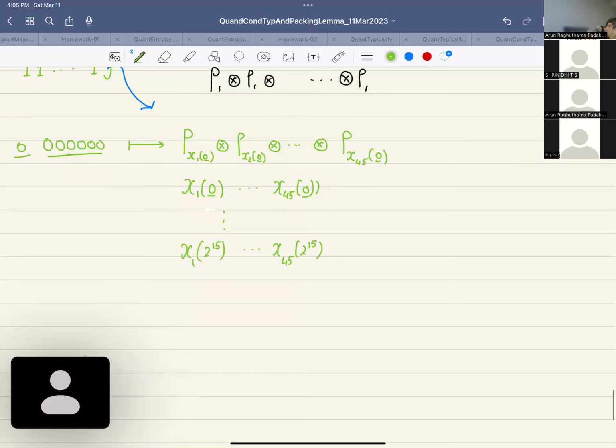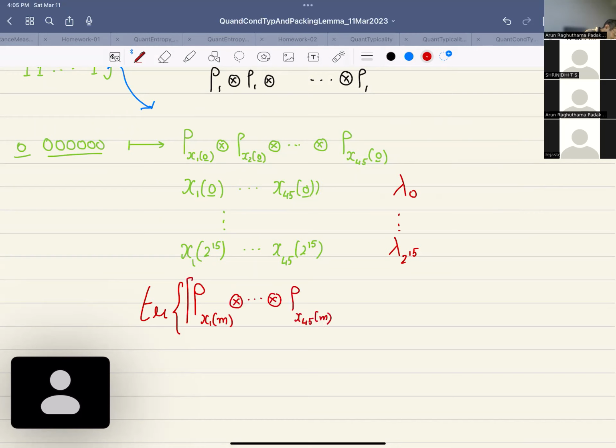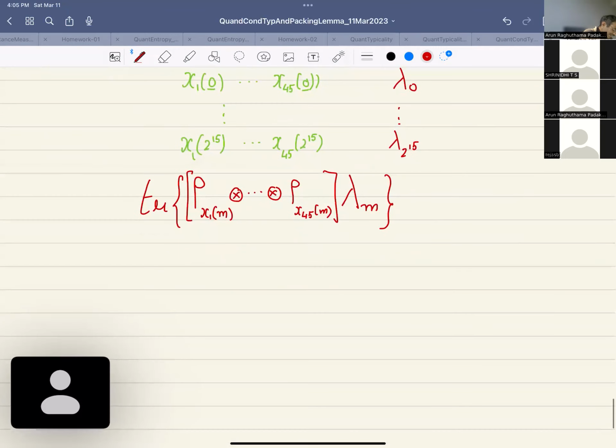And not just that, for each one of these, they also have to come up with an operator, lambda 0, all the way until lambda 2 power 15, so that if I do the trace of rho x1 of m tensor until rho x45 of m times lambda m, this is the probability of correct detection.